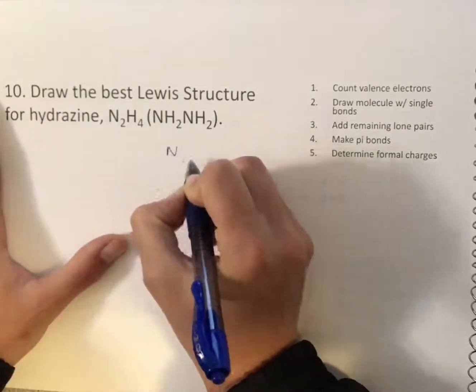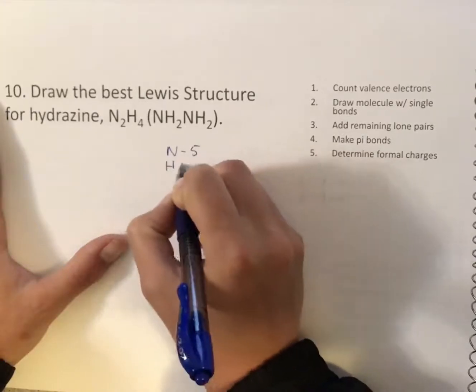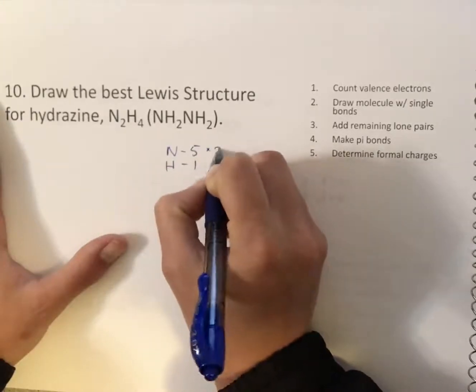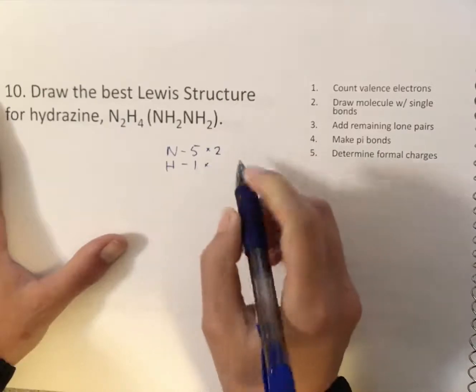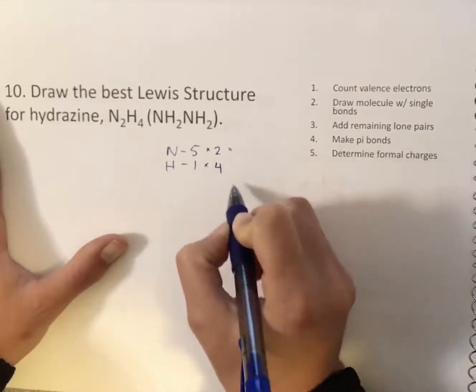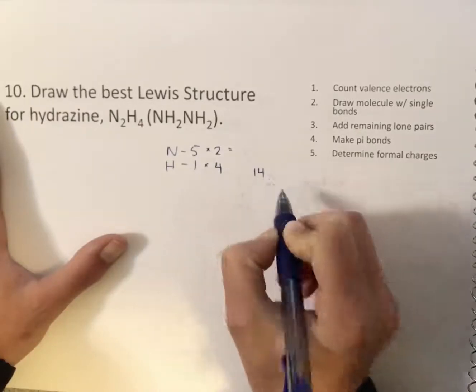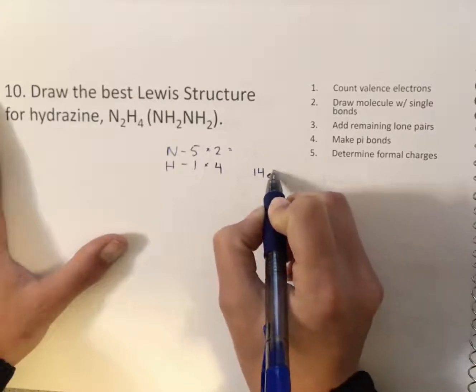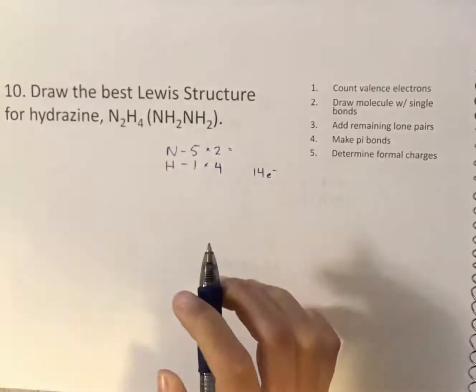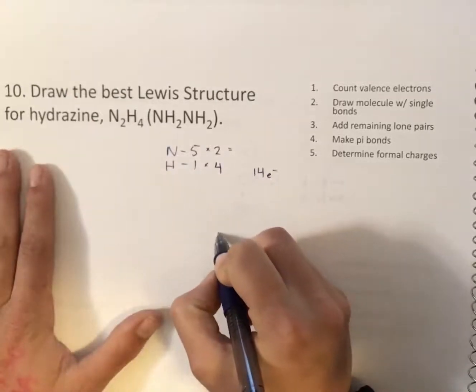But first, let's look at nitrogen, which has 5, and hydrogen, which has 1 valence electron. So 10 plus 4, we have 14 valence electrons to work with. We know that nitrogen is going to go in the middle.